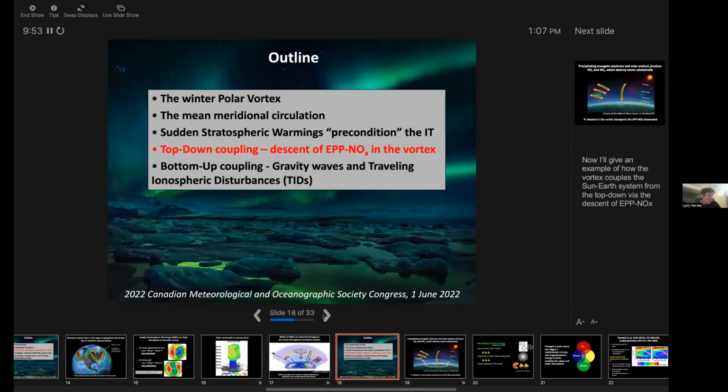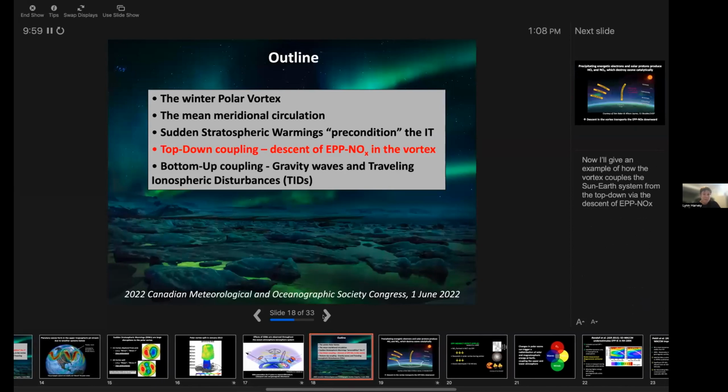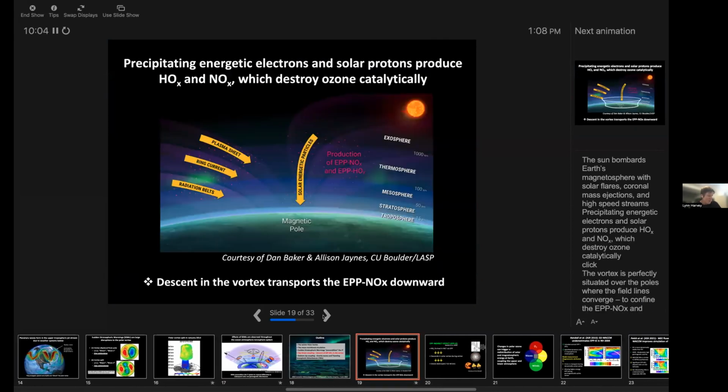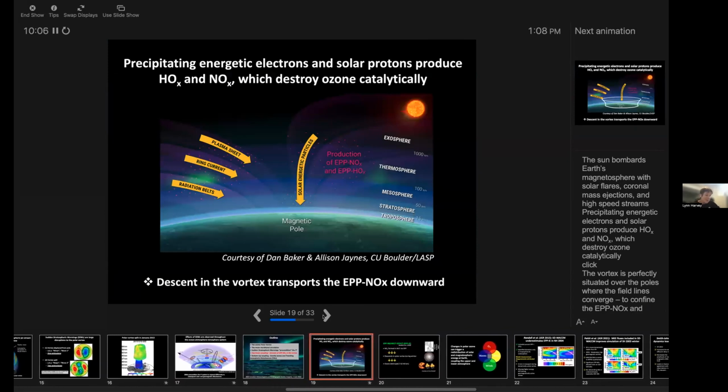All right, moving on to top-down coupling via the descent of energetic particle produced, or EPP, nitrogen oxides, or NOx. The sun bombards Earth's magnetosphere with solar flares, coronal mass ejections, and high-speed streams.